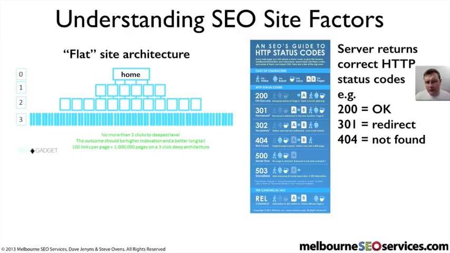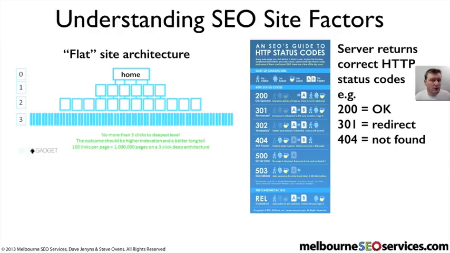In addition, we need to make sure that your site is behaving technically correctly. It's returning the right codes back to Google when they make a request. The important ones here are the OK code, which is a 200 code that your server gives back as a response when Google collects a page. Similarly, if you've moved a page, then you would give back a 301 permanent redirect if that's a permanent move.